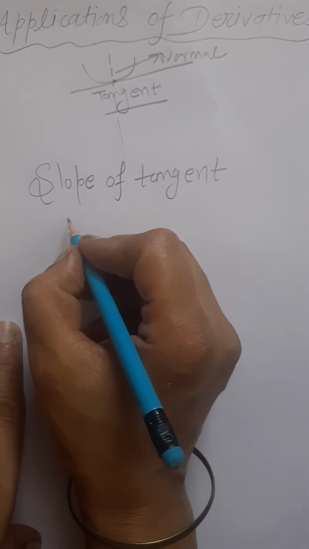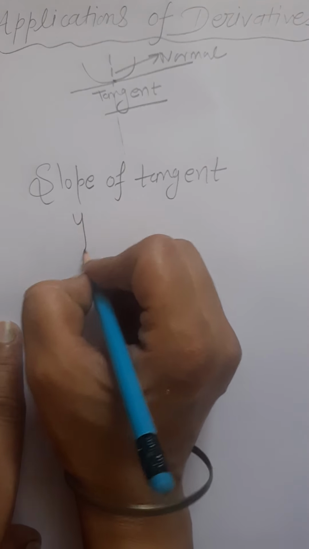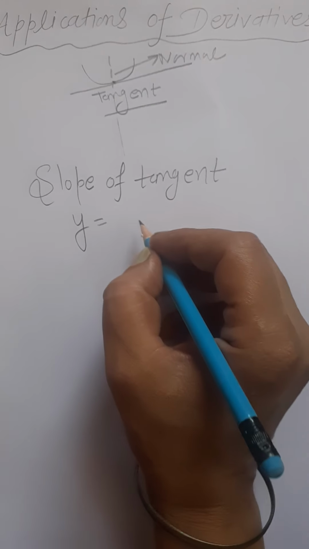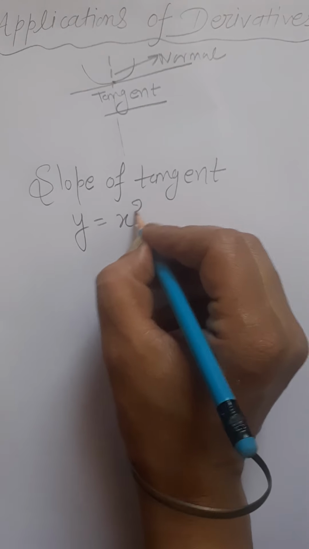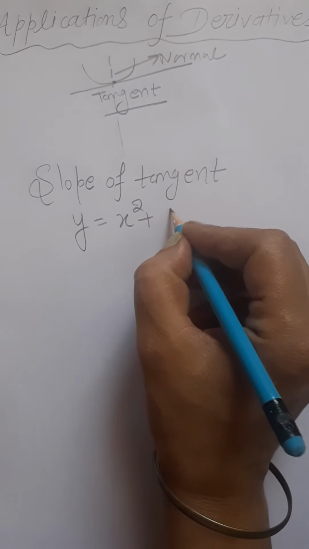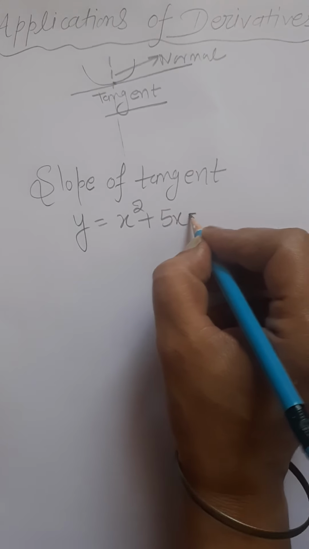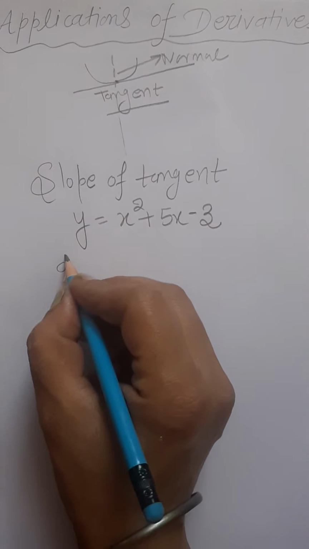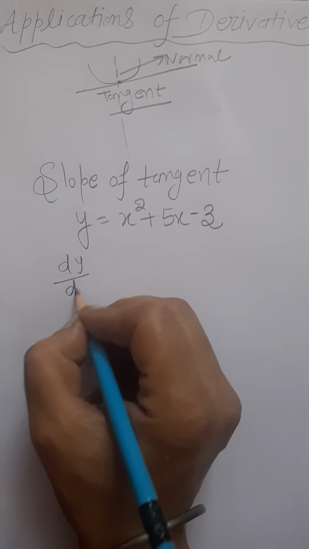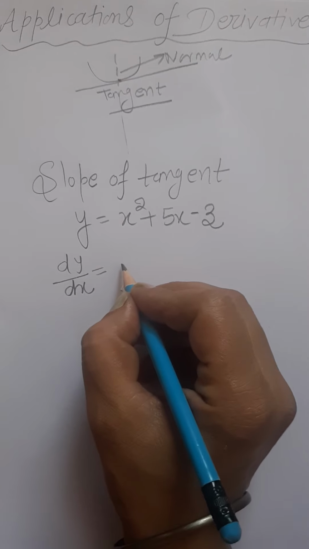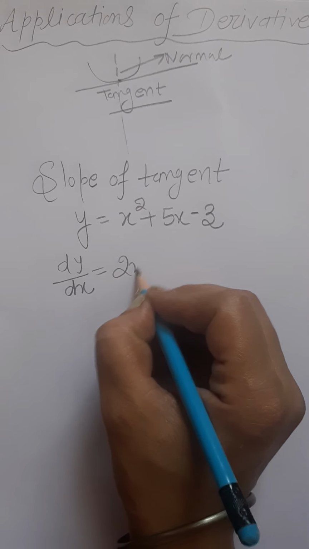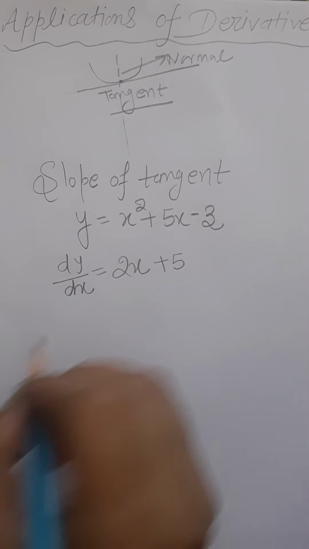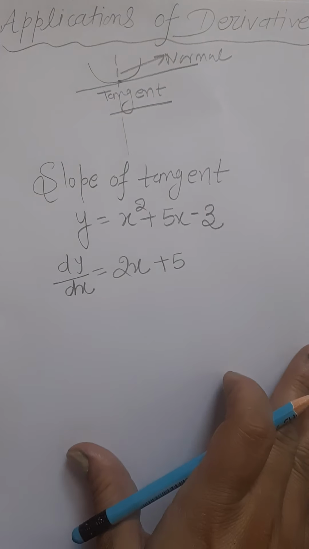So students, suppose we take a function y is equal to x square plus 5x minus 3. When we take its first derivative, the derivative of x square is 2x and the derivative of 5x is 5.